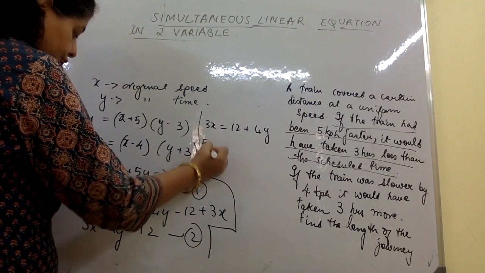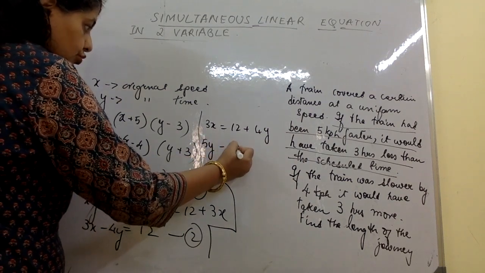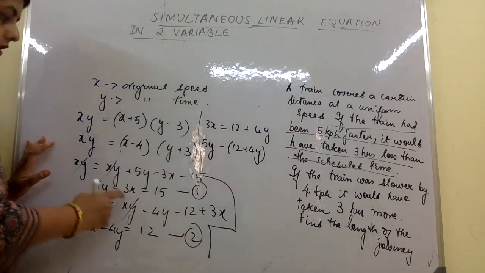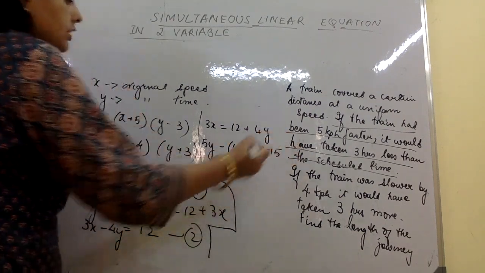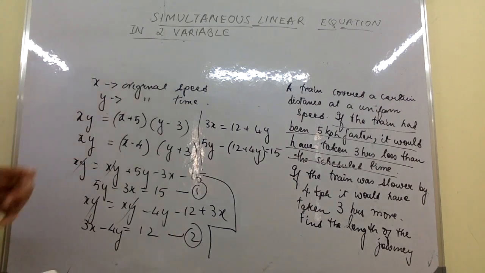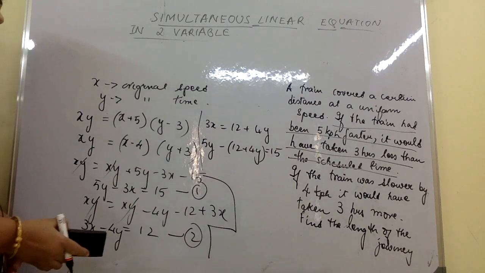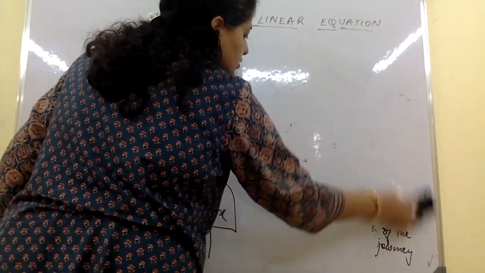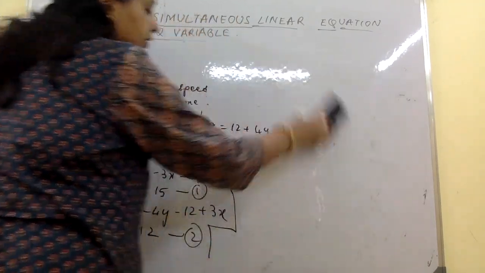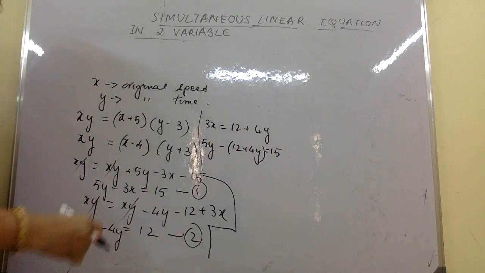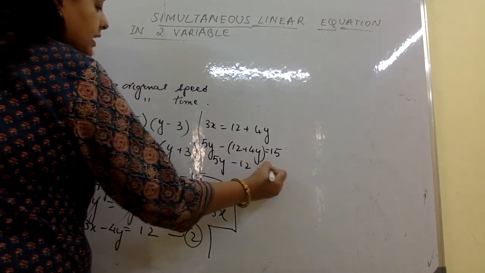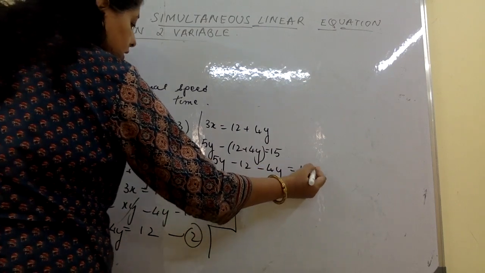So 5y minus (12 plus 4y) is equal to 15. Okay, so I did a substitution by not substituting x, but by substituting the full 3x, because that was simpler. Now 5y minus 12 minus 4y is equal to 15.